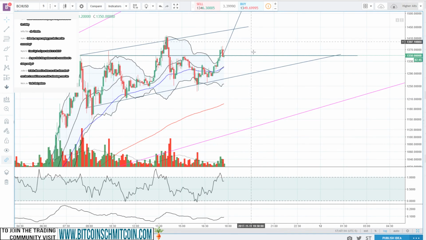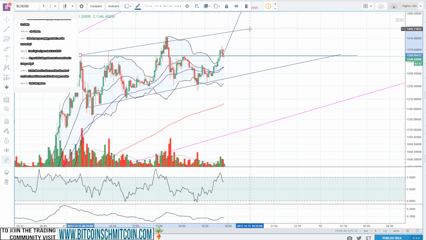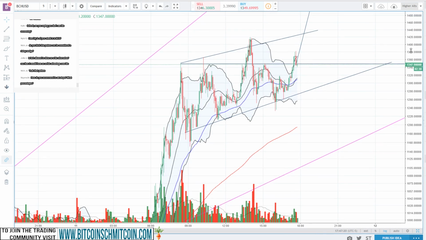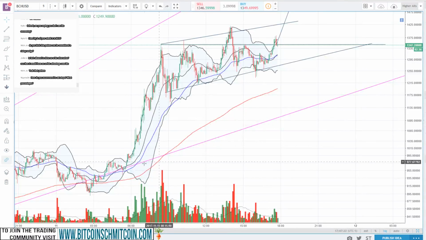Okay, so he's asking if this is considered a rising wedge. You can make an argument for this being a rising wedge, but a rising wedge isn't always bearish, because if it's at the top of a bull run, this could be considered what's called a tilted pennant.